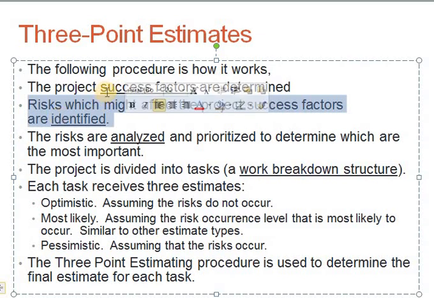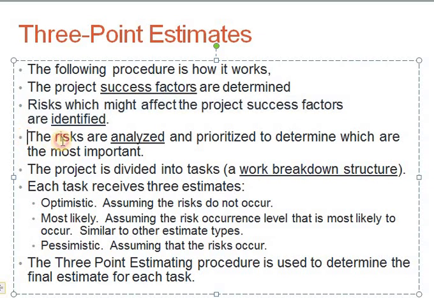Not only do we have to list down the success factors, we will also list down the risks which might affect the project success. Then the risks are analyzed and prioritized to determine which are the most important. So after identification of the risks, we have to select and prioritize the most important risks.